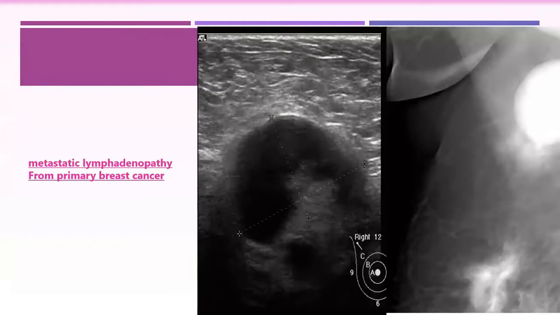Compare with this metastatic lymphadenopathy from primary cancer. Here we could see the primary carcinoma more or less is similar, but look also here it is more heterogeneous, the lesion edema, and the thumbprinting into the adjacent hilum.